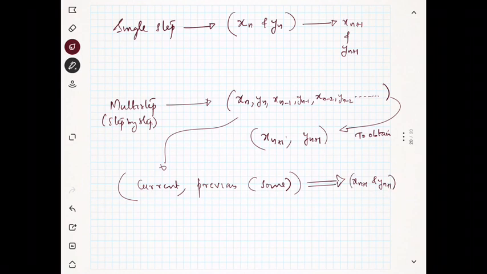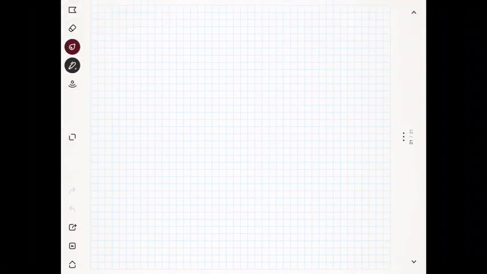This is known as the multi-step method, and the other one is the single step method. So I hope you understood the clear difference between the multi-step method and single step methods.